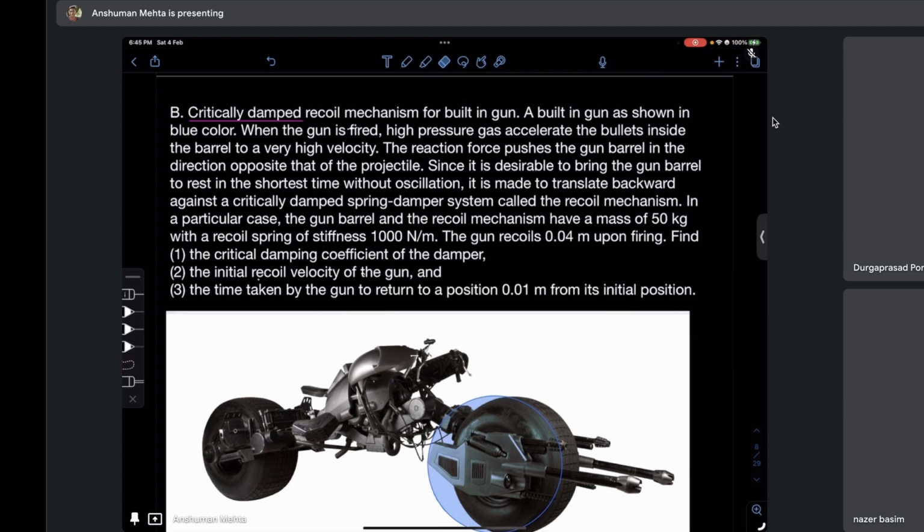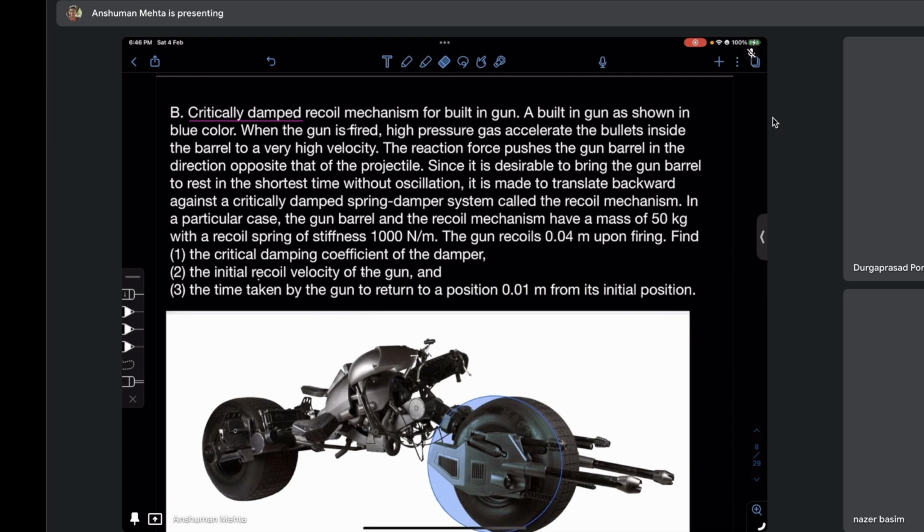For example, if a missile is being fired at 5 missiles per minute, and the recoil time is reduced to, let's say, 1 second, we can actually fire 60 missiles instead of 5.